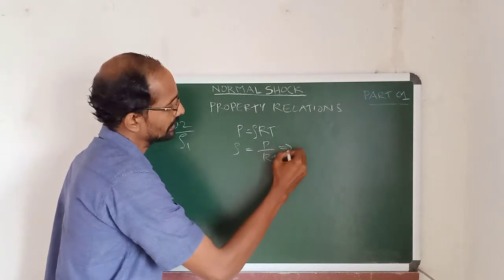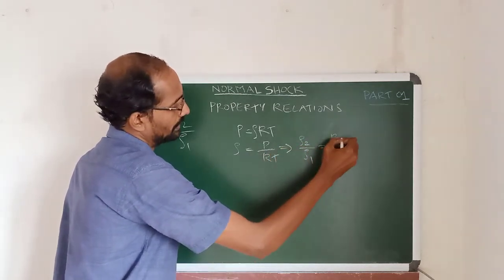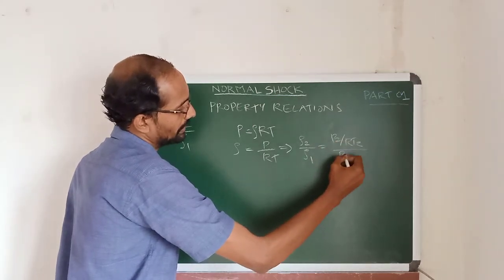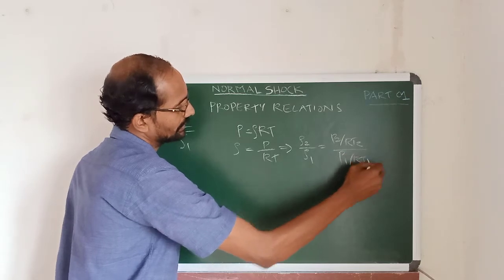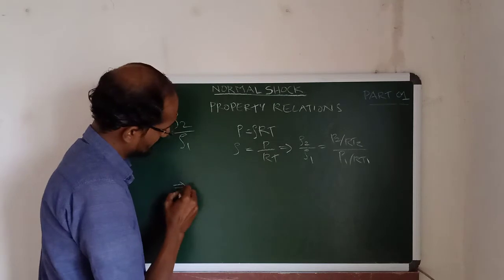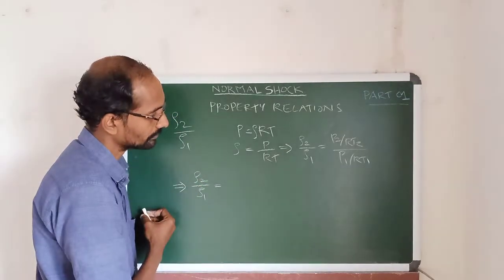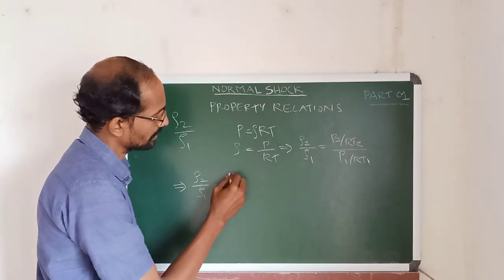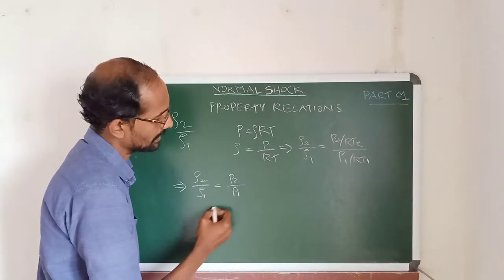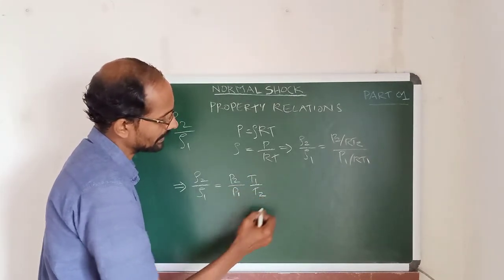So it means that rho2 by rho1 equal to P2 by RT2 divided by P1 by RT1. That simplifies to rho2 by rho1 equal to P2 by P1 into T1 by T2.